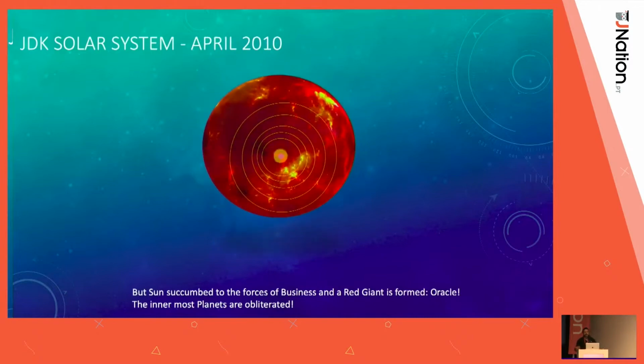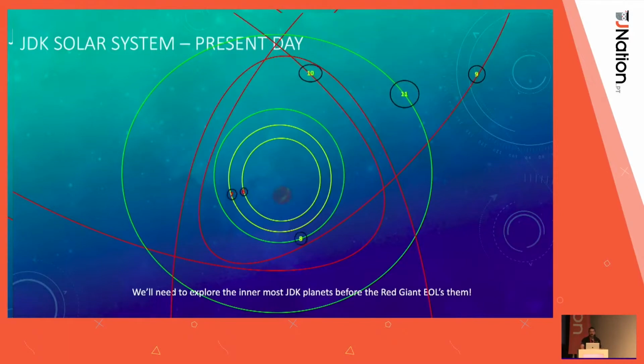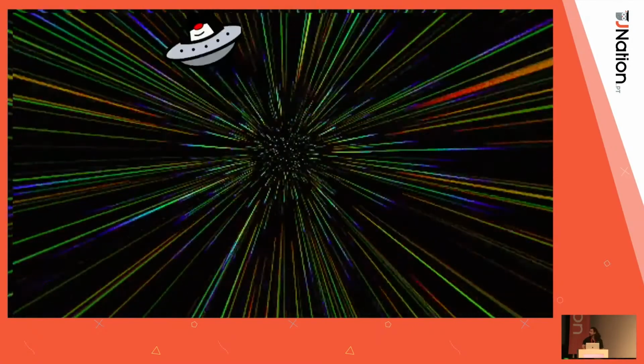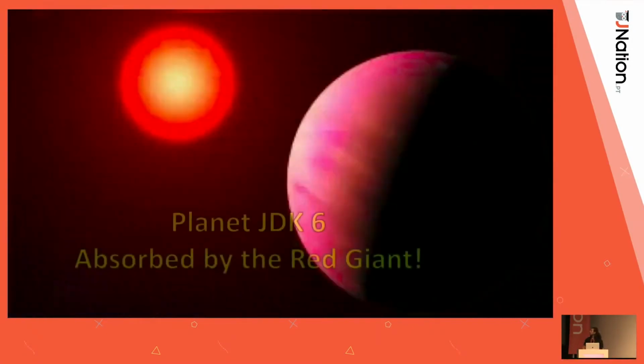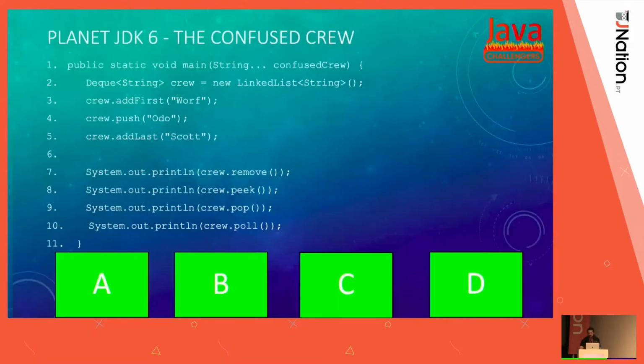And in 2010, the red giant consumed Sun, and the innermost planets were obliterated. In the present day, we're going to explore all of those planets from JDK 6 to JDK 17. So Duke is there. Okay, let's start from JDK 6.